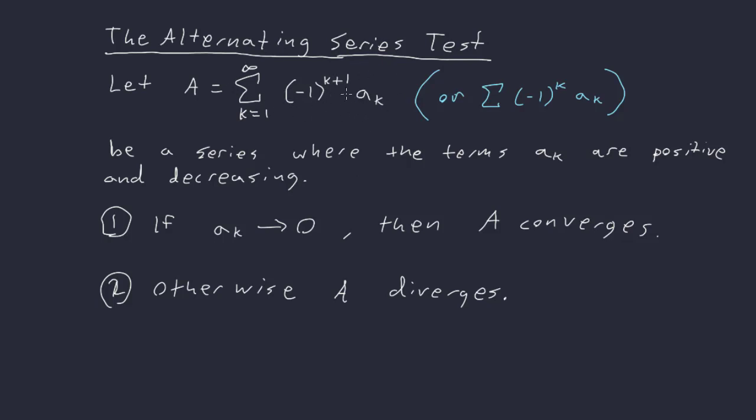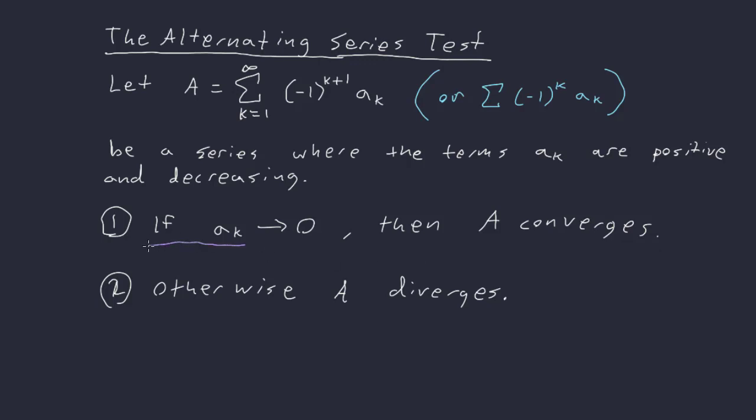Of course the terms of the series in general are not positive because they're alternating between positive and negative, but what we're saying here is we want the series where the terms, when they're not alternating, are positive and decreasing. So then if ak converges to 0, then A converges. I mean, that's literally all there is to it.